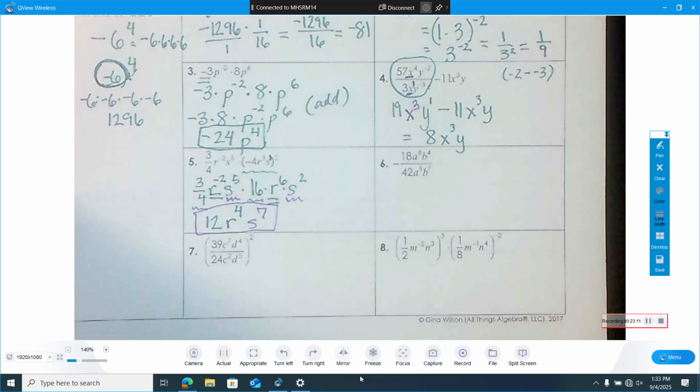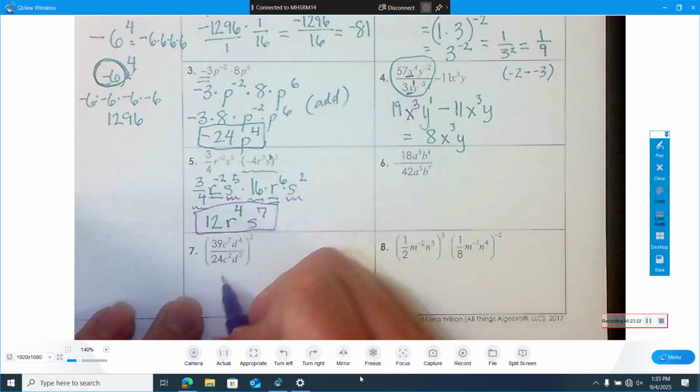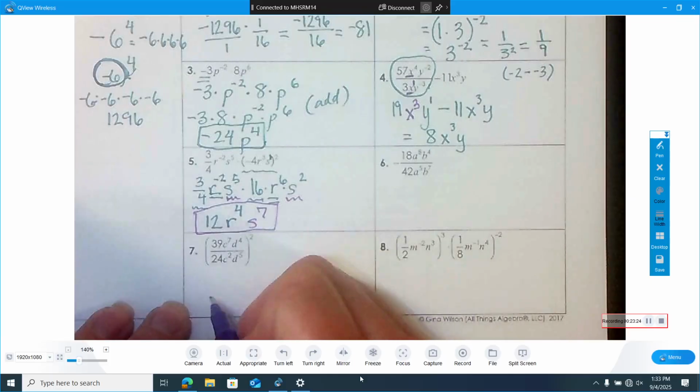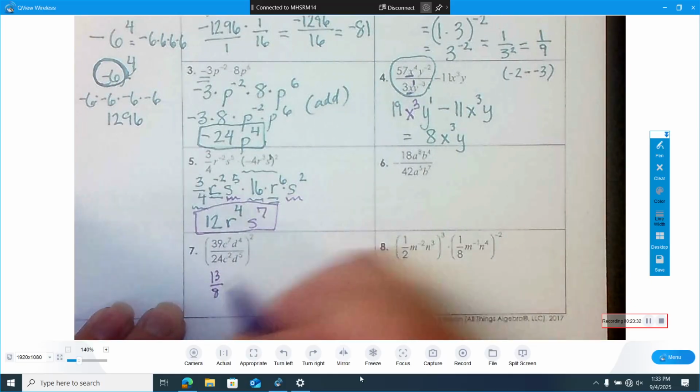So yeah, when I look at those numbers and I think about things that I can do, I want to simplify first. So I'm going to clean up inside as much as I can here. So we're going to work inside. They both divide by 3 here. 39 divided by 3 is 13, and 24 divided by 3 is 8.